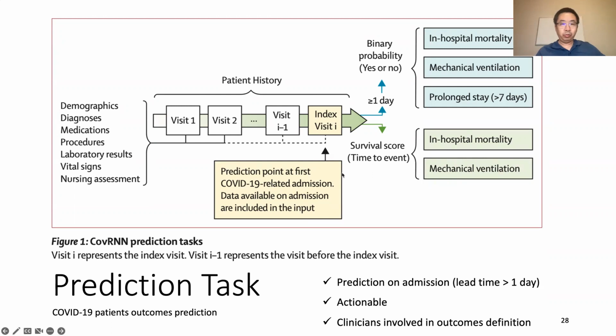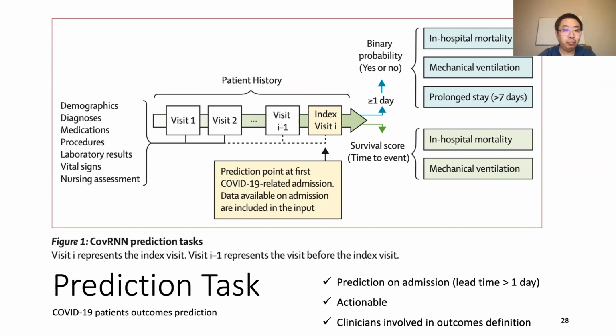And we choose to make the prediction at the time of admission. That way, if this model was indeed deployed, we can help hospitals prioritize patients, so that they can tilt their precious resources to more relevant patients, right?